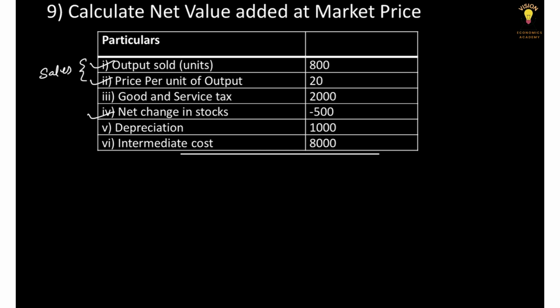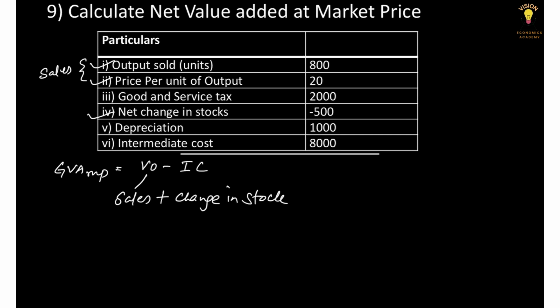So GVAMP equals value of output minus intermediate cost. Value of output is sales plus change in stock, and sales is price into quantity.